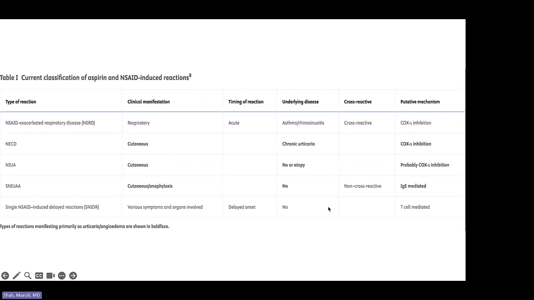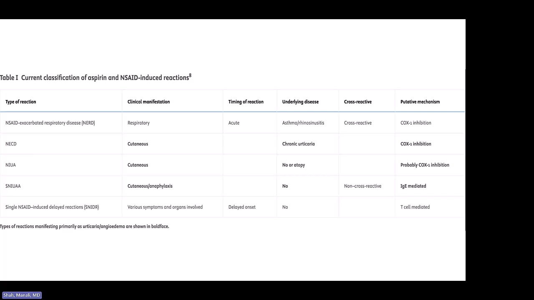So this is a table not actually from Middleton's or the board review book. It's from one of the classification papers in JACI, but I thought it was helpful just to get our bearings. The type of reaction is on the left-hand side, the 5 different categories I just mentioned. It talks about the main clinical manifestations of these reactions. With aspirin-exacerbated respiratory disease, it'll typically be respiratory or nasal symptoms.